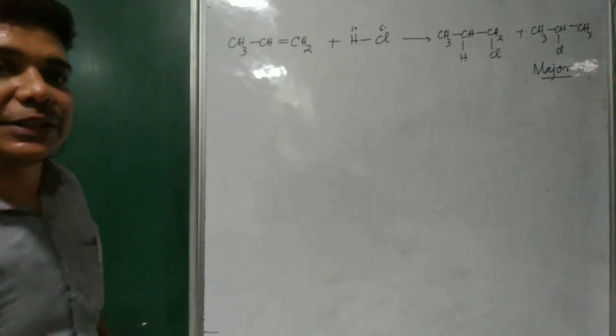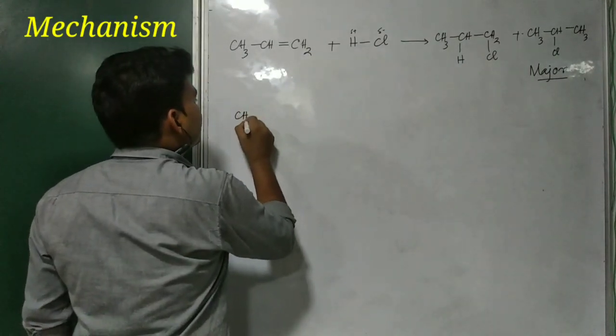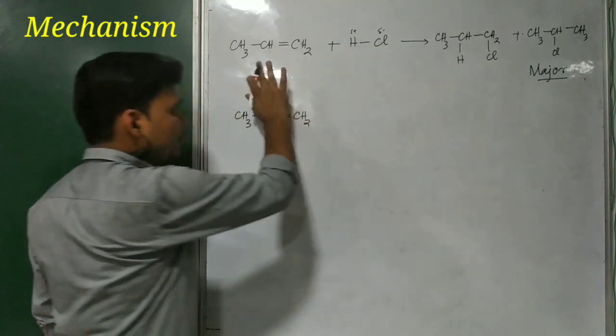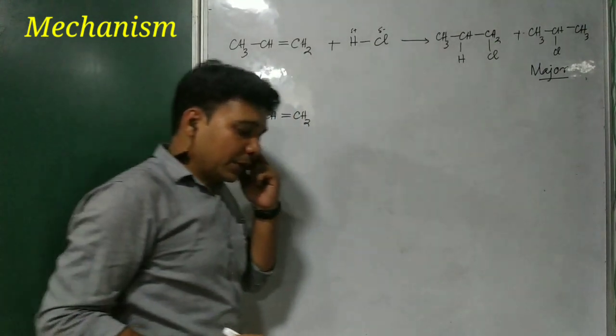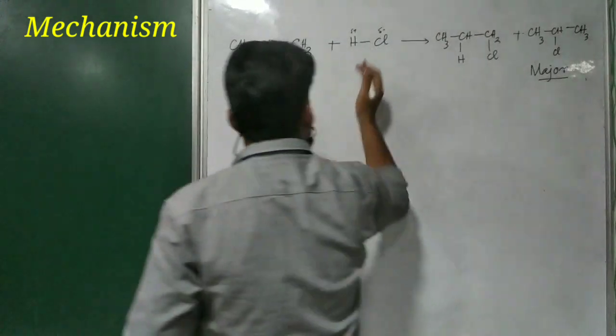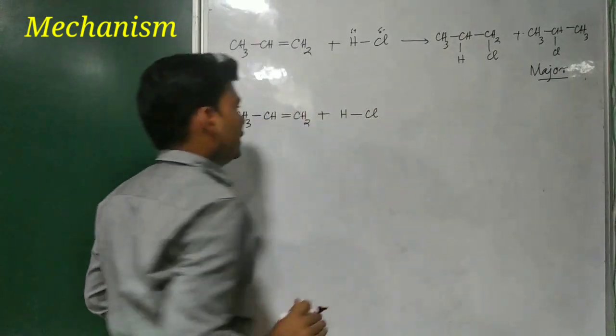We need to know the basic mechanism here. What happens actually? This is your substrate molecule CH3CH=CH2, your alkene molecule. When HX is added, as HX I have taken HCl.